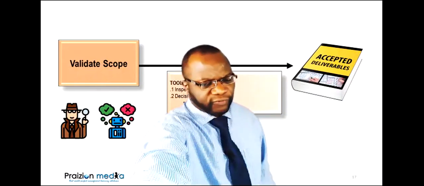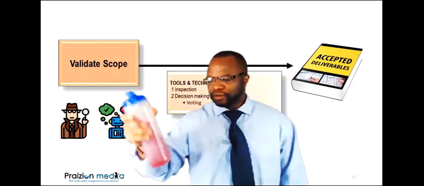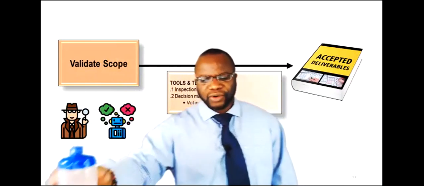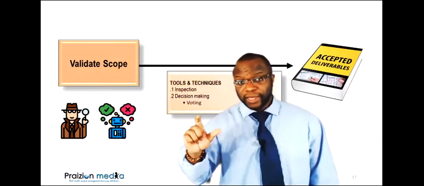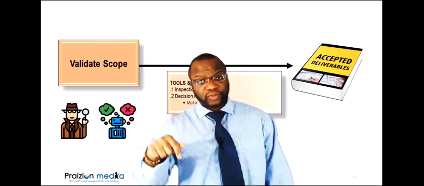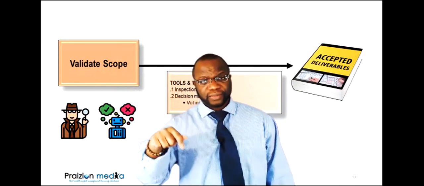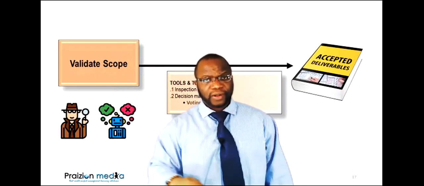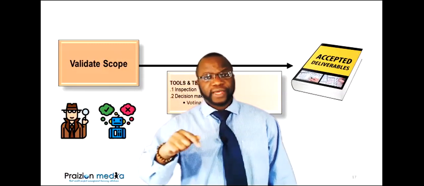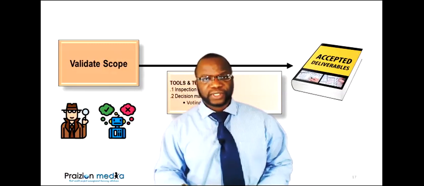Remember the analogy of Phil's red drink? Does it meet his requirements or not? Is it what he asked for? This is where Phil finds out if you met all his requirements, if indeed the product scope was delivered.